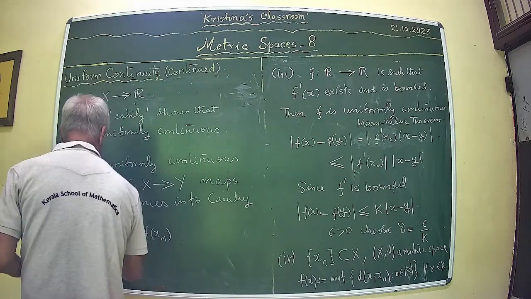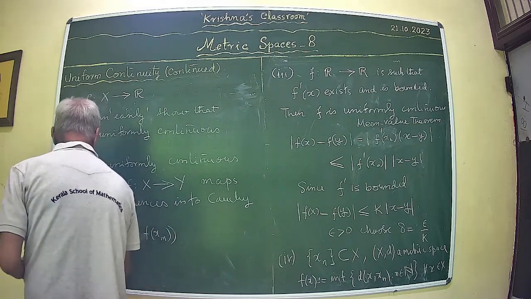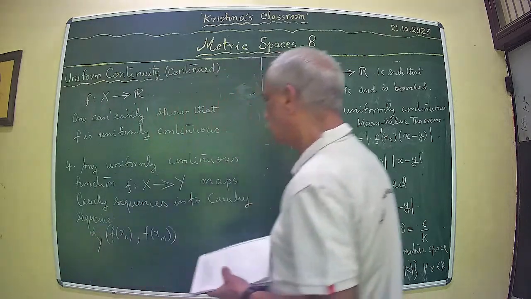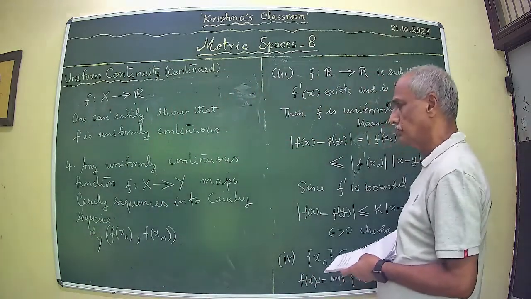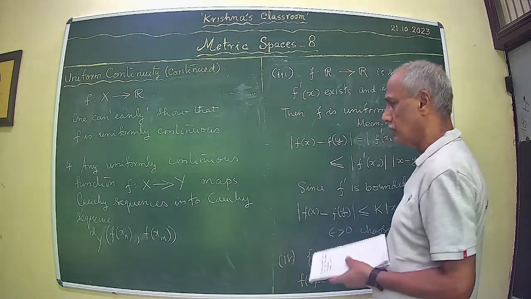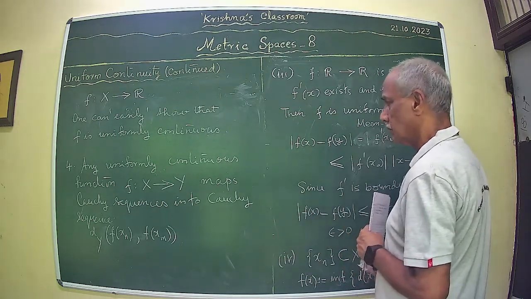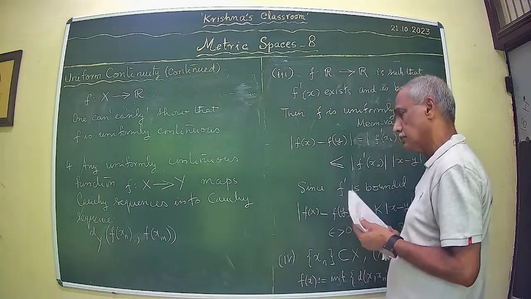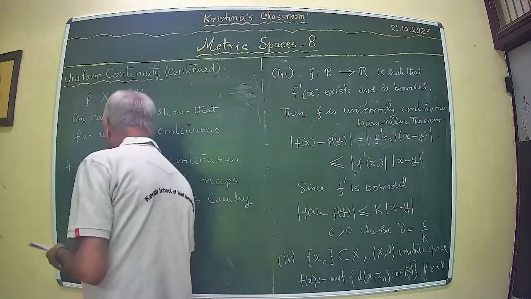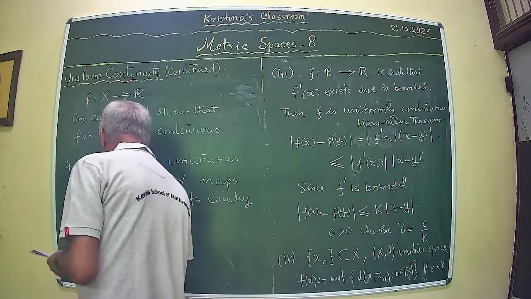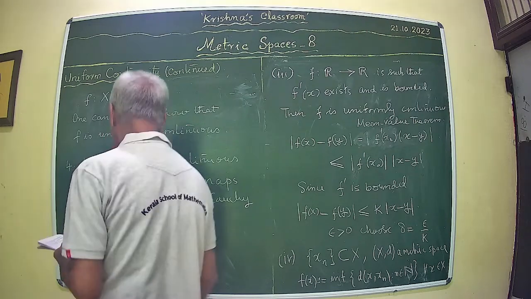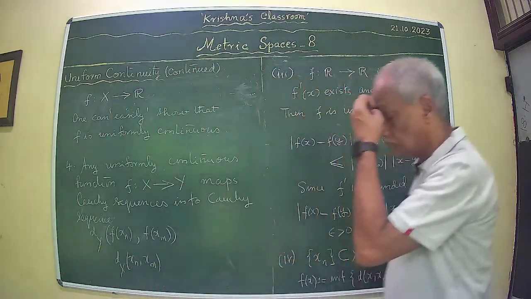The distance between f(xn) and f(xm), this you have to estimate. And you have to link it up with d of xn and xm.